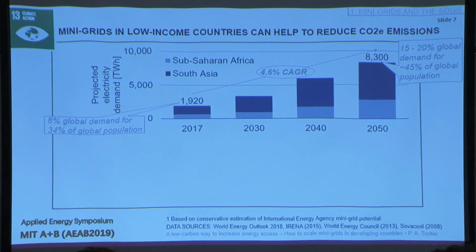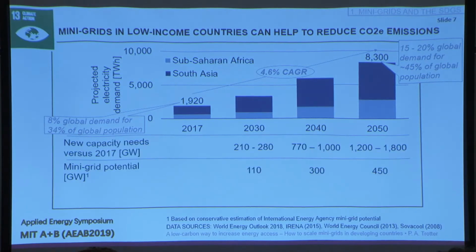Now from these demand projections, you can infer certain capacity needs, of course, strongly dependent on what kind of energy mix you're using. The more renewable you are, of course, the more capacity you need.